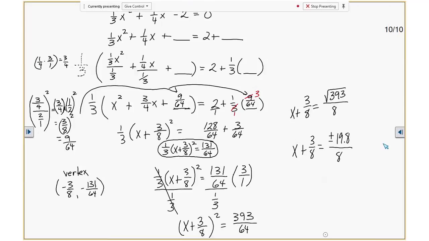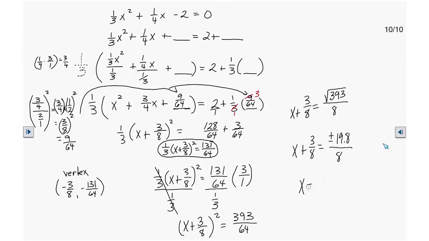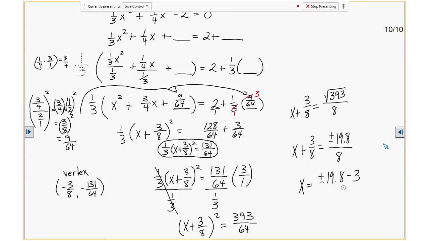And then X is equal to positive or negative 19.8 minus 3 over 8. Now what's 19.8 minus 3? 16.8? Yeah. So 16 divided by 8 is 2, right? So 2 and 1/8 or something like that. What does it come out to be? 2 point what?